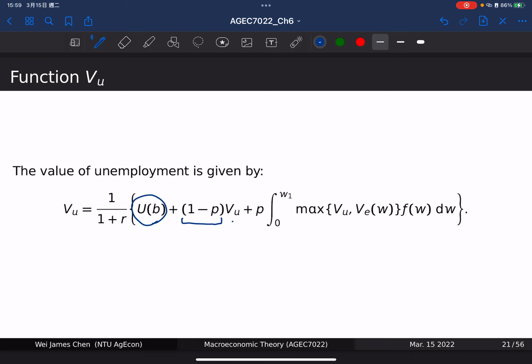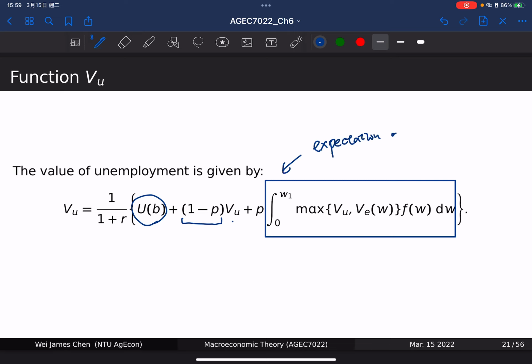So here, what I'm going to do is, this looks like a complicated term, but it simply takes an expectation of the value that I will receive for some job offer.